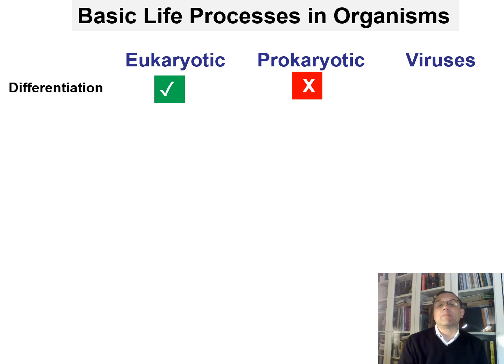Prokaryotic cells, bacterial cells or archaeal cells, do not differentiate. How about viruses? Do viruses differentiate? Viruses do not have metabolism. Without metabolism, it is impossible to either grow in size or differentiate.